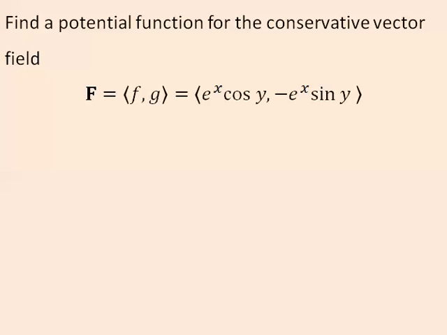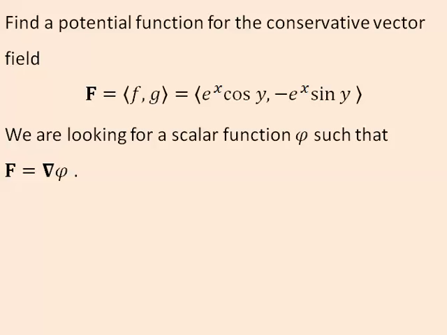Let's start with the easier one. Find a potential function for this conservative vector field. We are looking for a scalar function phi such that F is the gradient of phi.